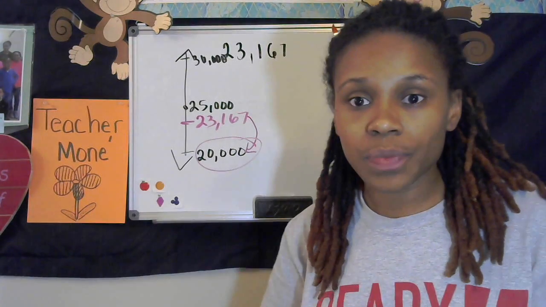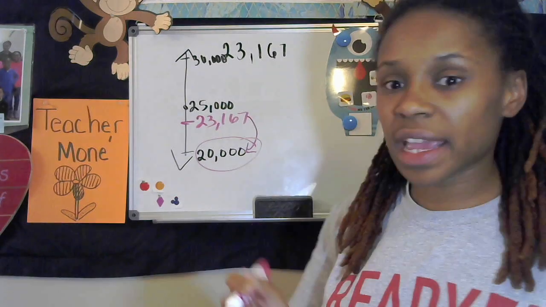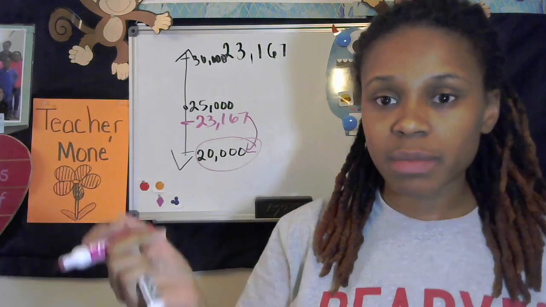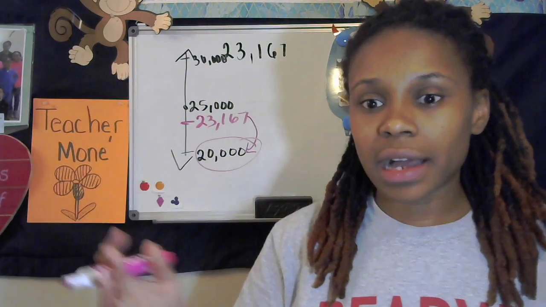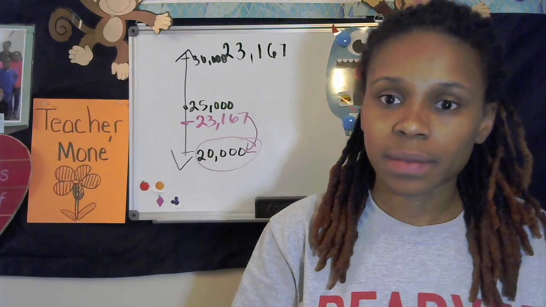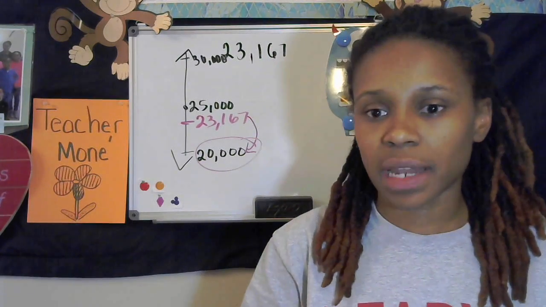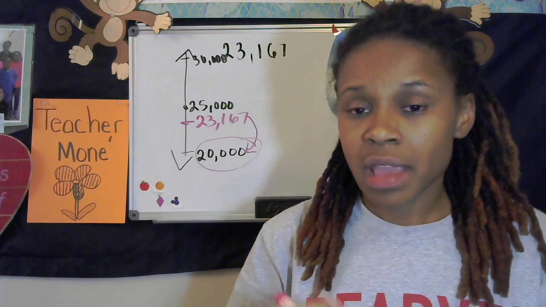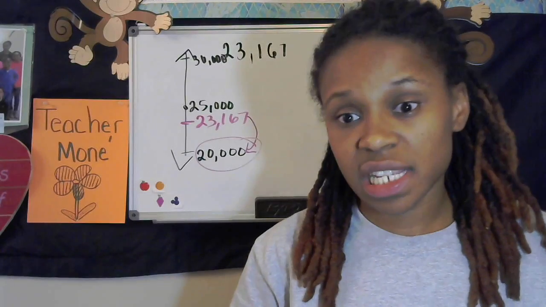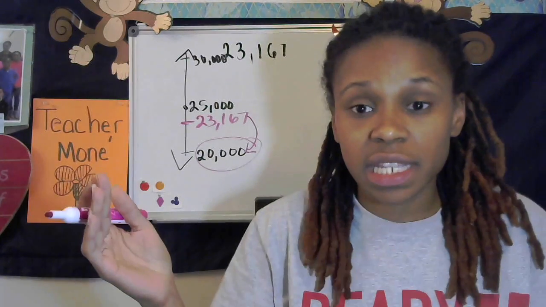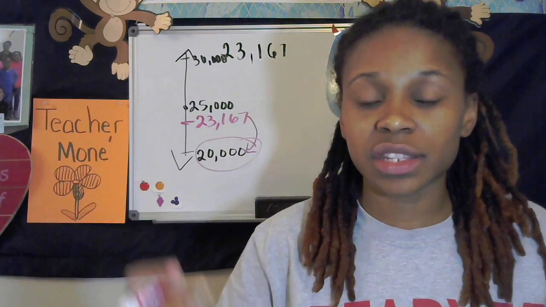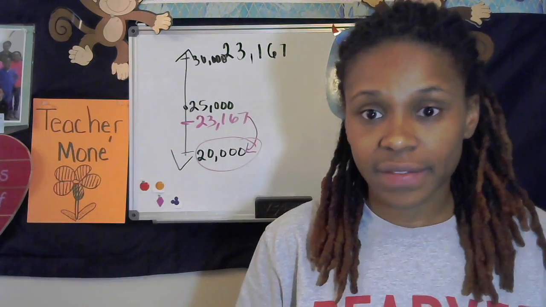Okay, so this might have been in a word problem of some sort, and so pretty much their answer would be about 20,000. Okay, so the problem might have said something like, there are 23,167 students in an arena. About how many seats do you need for everybody to have a seat?